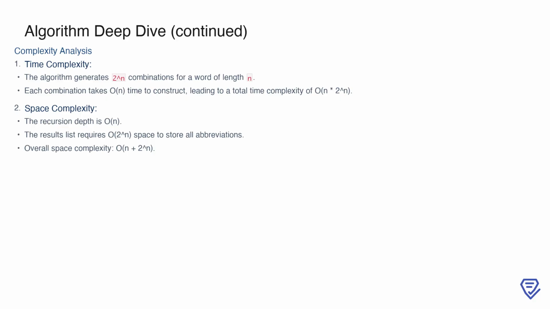Together, this gives us a space complexity of O(n+2^n). While this might seem costly, it's important to understand that generating all combinations inherently requires this amount of computation and storage. The algorithm is designed to manage this efficiently by leveraging recursion and avoiding redundant operations.